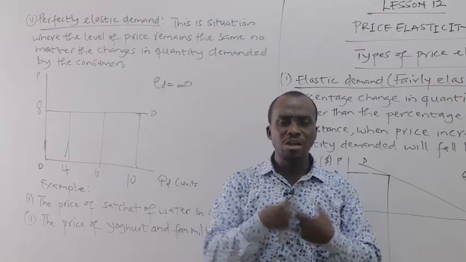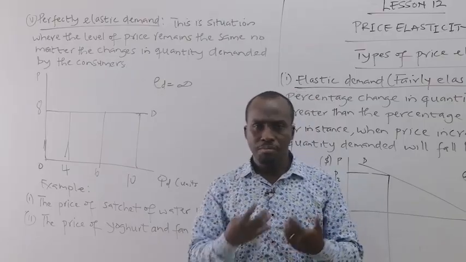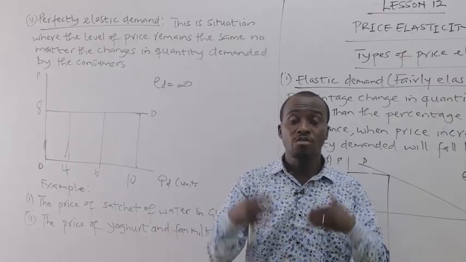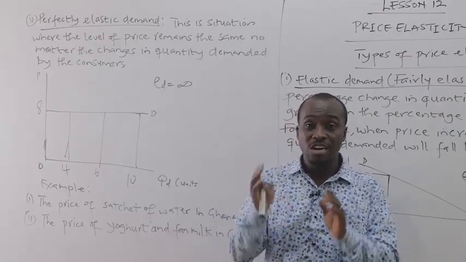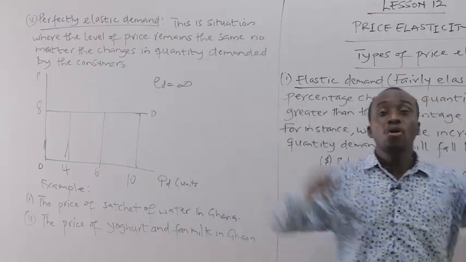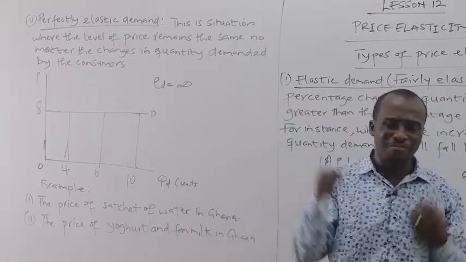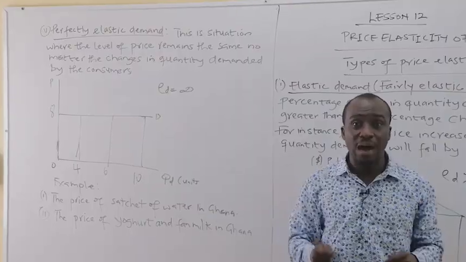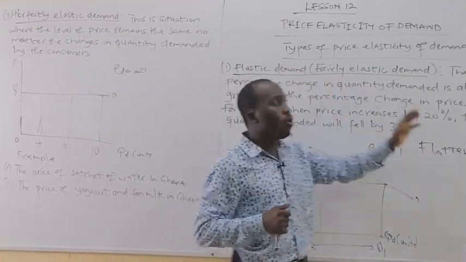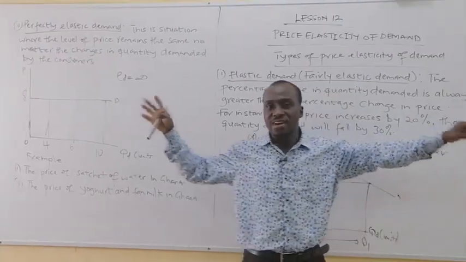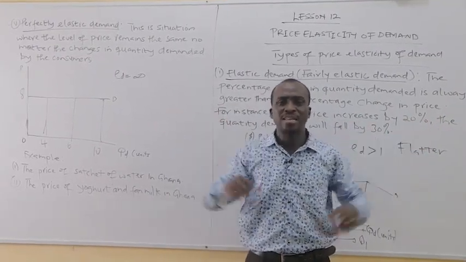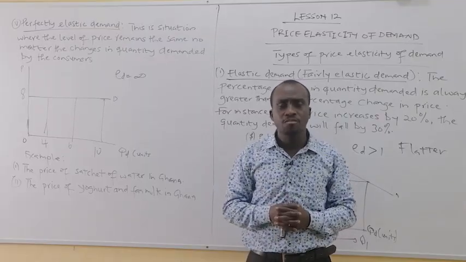Most of the commodities we buy in the mall, in the markets, in our homes, in our schools, in our jobs, can be categorized as elastic or inelastic. About 95% of the things we buy are either elastic or inelastic. The other 3 are extreme forms. It hardly occurs, but it happens in exceptional cases.